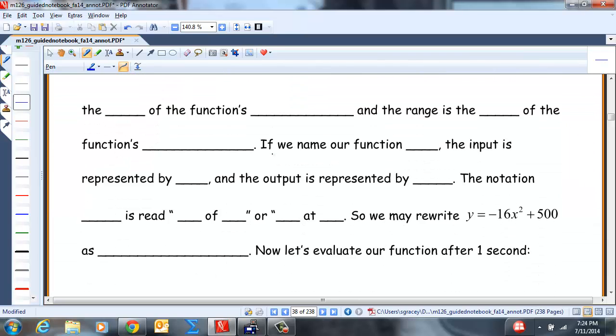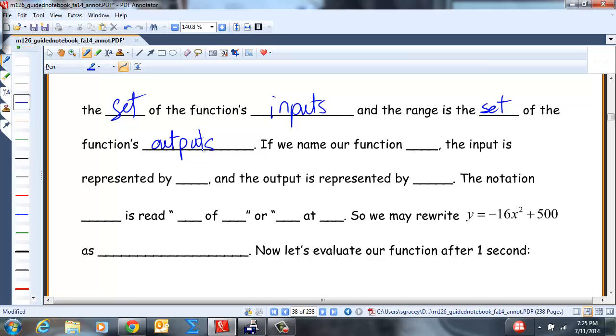The domain is the set of the function's inputs. And the range is the set of the function's outputs. So these outputs are often considered the image of the inputs.